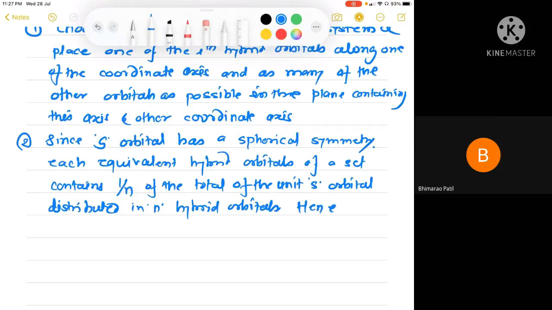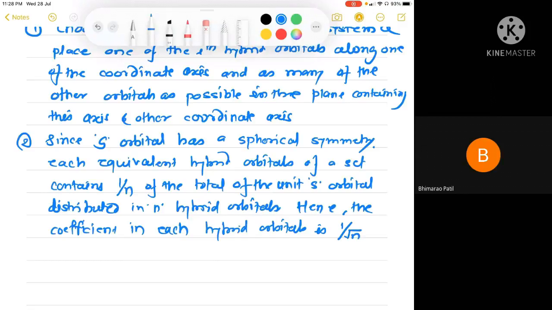Hence, the coefficient in each hybrid orbital is 1 by root of n.